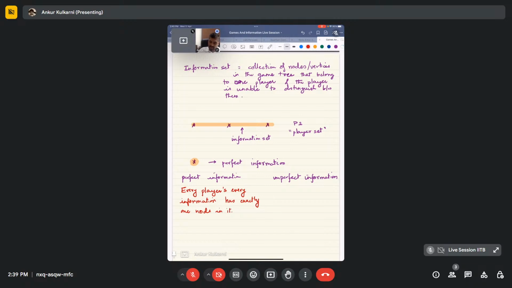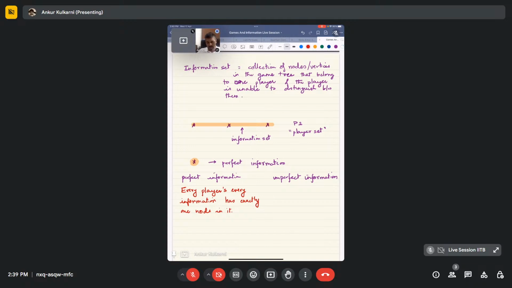Which means that every player, regardless of where the game is, knows exactly what the previous sequence of actions has been. He knows exactly which node he is at, and he knows exactly what has happened in the past. So this is what a game of perfect information is.